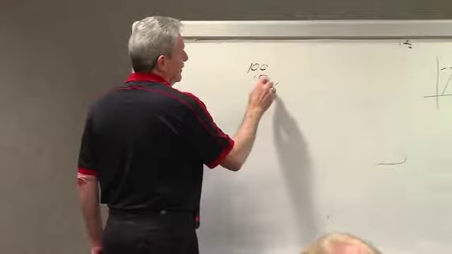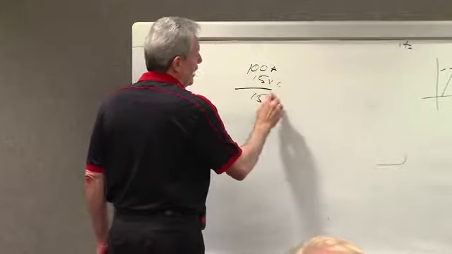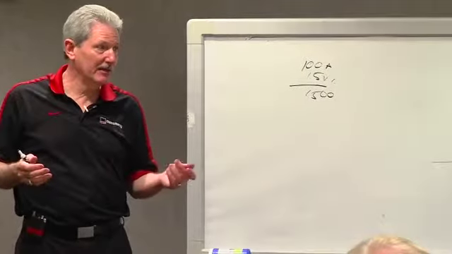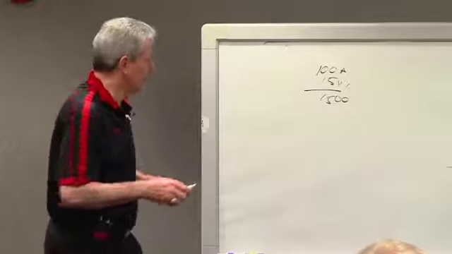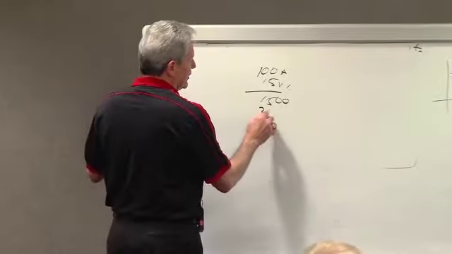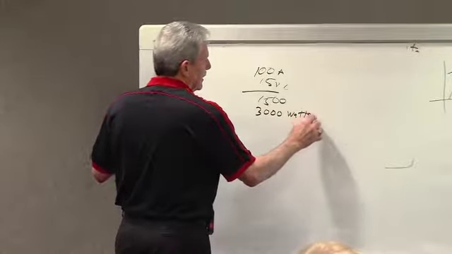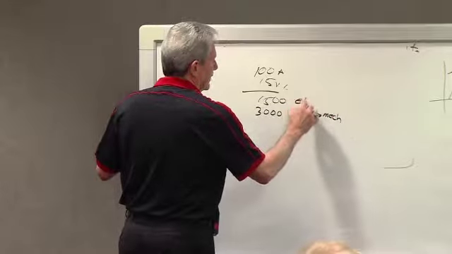At 15 volts, that's 1,500 watts of electrical power. For talking purposes and to make the math easy, let's say that it's 50% efficient. So now that's 3,000 watts of mechanical power. This is electrical.